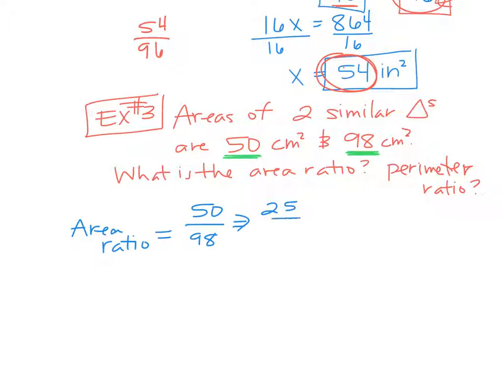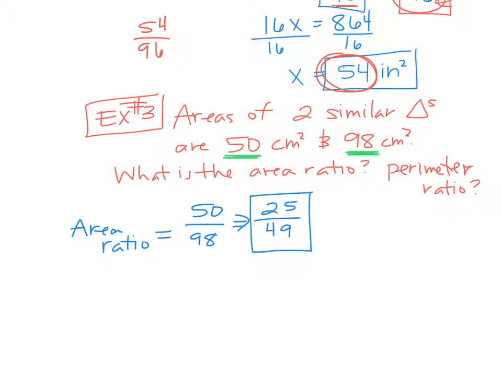So you'd have 25. Do you know what 98 divided by 2 is? 49. Okay, and that's as low as we can reduce it. So that's the first part of the problem, is they wanted us to find an area ratio.